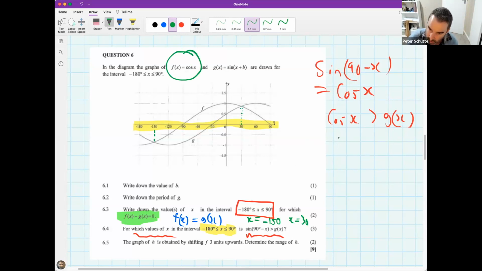So what they're really asking is, when is f greater than g? So if we look at this graph, for which x values is the f graph above the g graph? So who would like to tell me, if they look at the drawing, where is the f graph above the g graph? Between which x values?